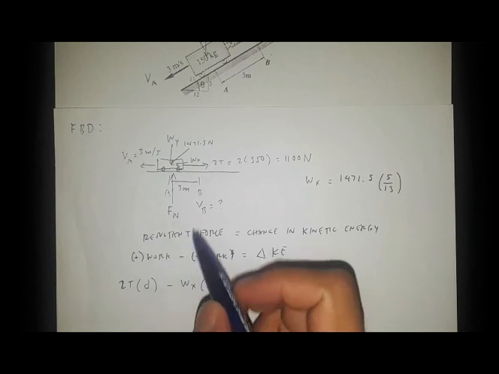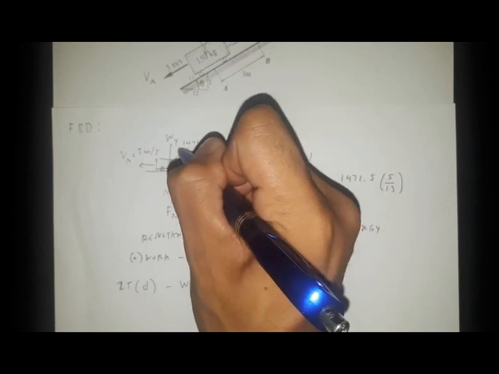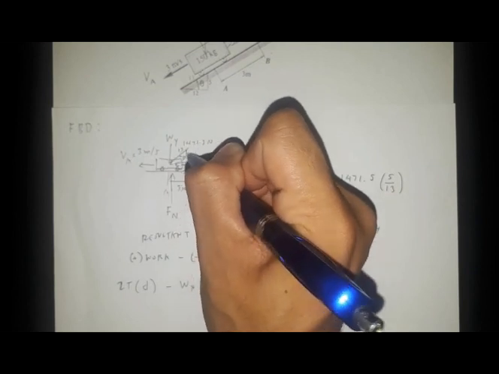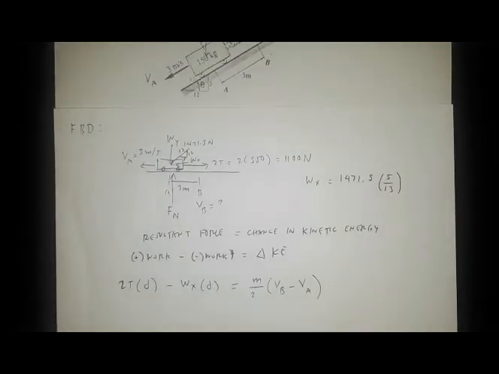So since this is your triangle, this is 13, this is 5, and this is 12.